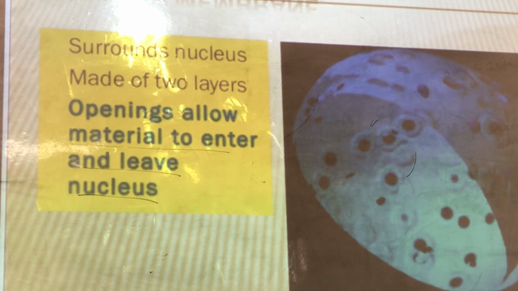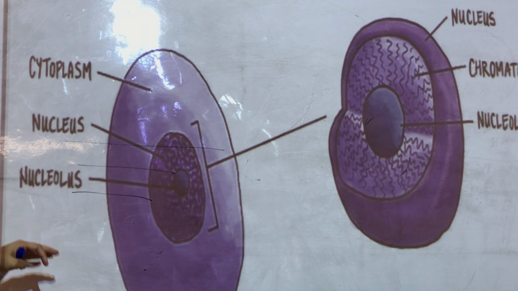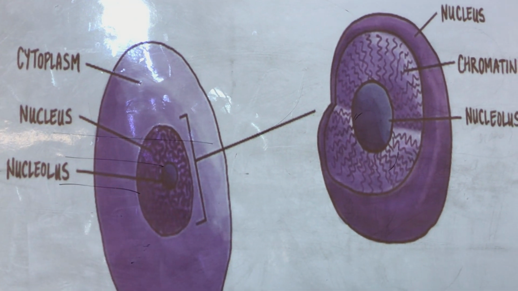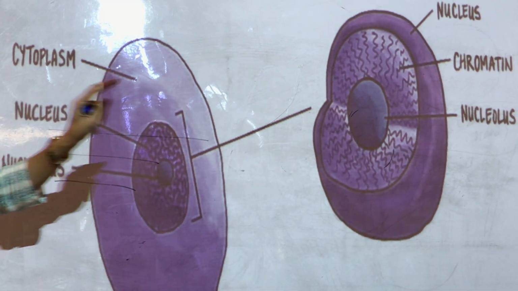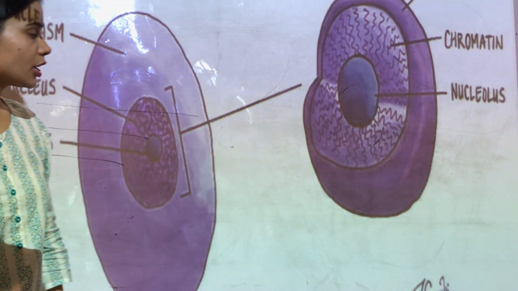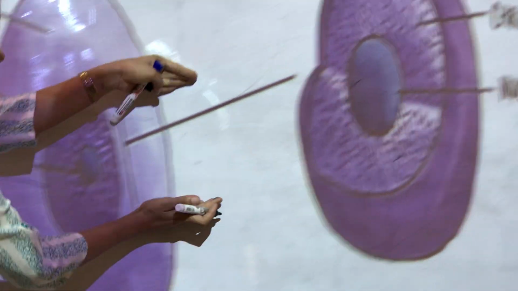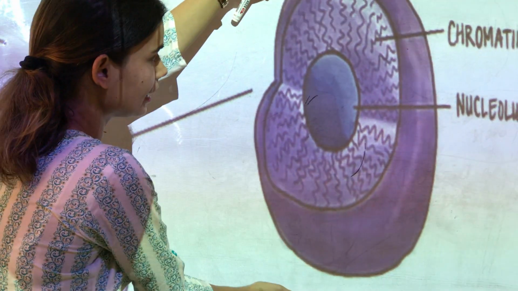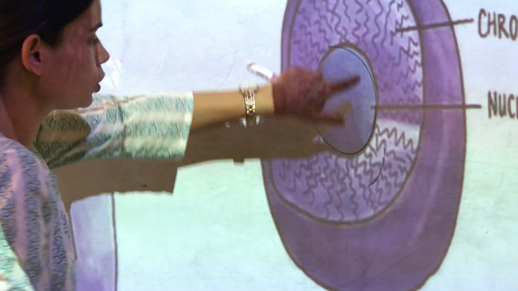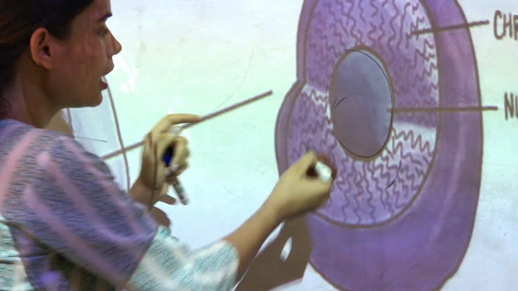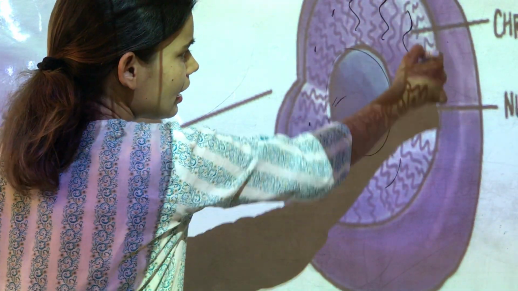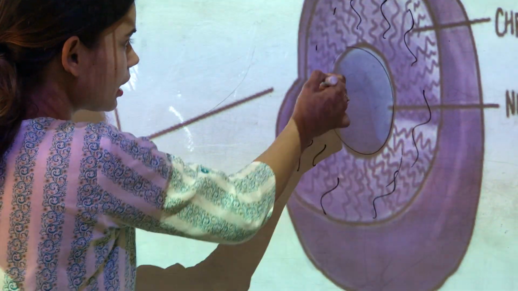Now inside this nucleus, there is this nucleolus. Can you see this? So this is cell, this is nucleus. If you take this nucleus, you will see that it also has a center thing which is called nucleolus, and around it they have these thread-like structures. Can you see these thread-like structures?